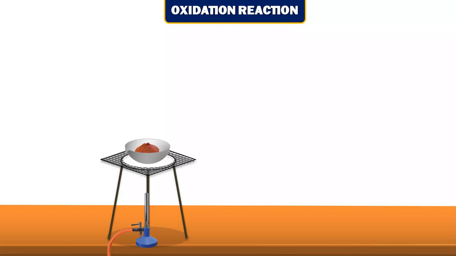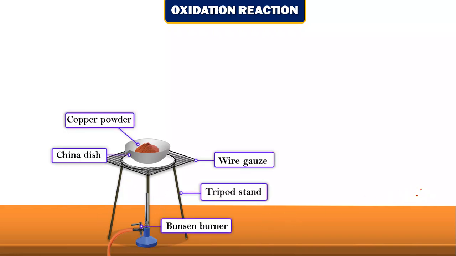When we heat this copper powder in presence of oxygen, it will combine with oxygen and form copper oxide.